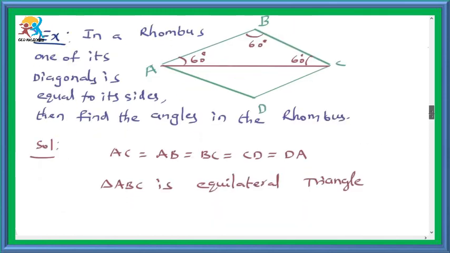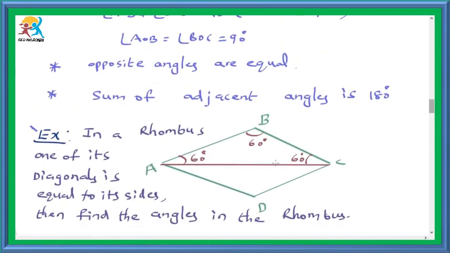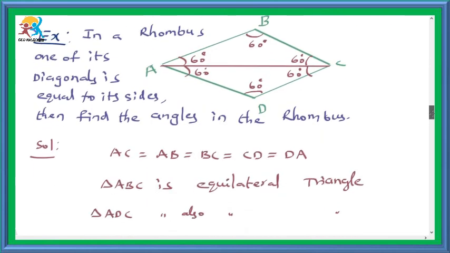And we will take the triangle ADC. This is also equilateral. So, it also has the same angles 60, 60, 60. So, now observe the angles in the rhombus.